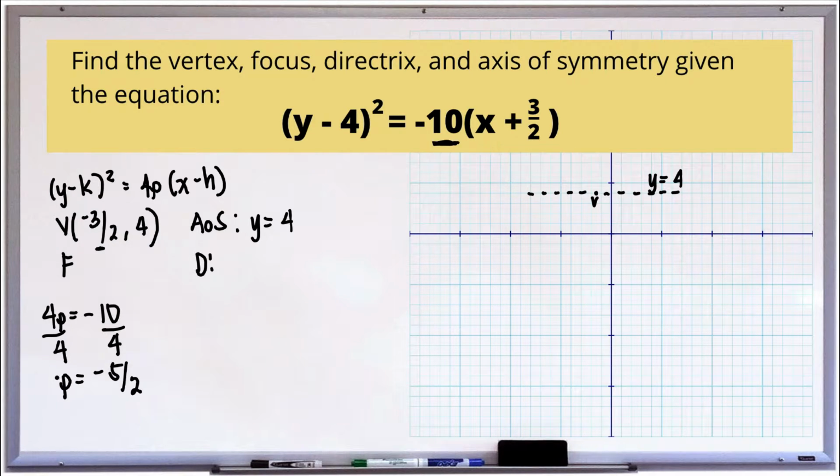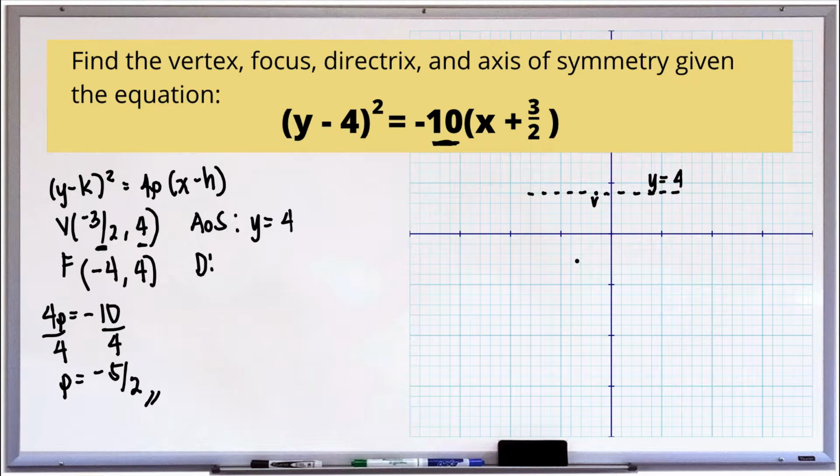Now to find the coordinates of the focus, we will add this value to the x-coordinate and just copy the y-coordinate. And since negative 5/2 plus negative 3/2 is equal to negative 8/2 or negative 4, then the coordinates of our focus is (-4, 4).